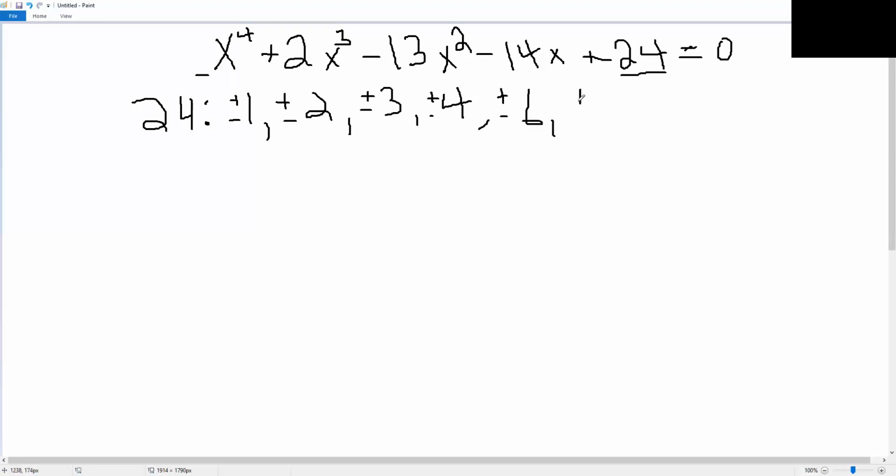And then 8 will go into 24. Now you're asking, how do you know that these numbers will go into 24? Well, there's an easy way to figure it out, and you can do it on your calculator. Just start with 1 and go forward. So 24 divided by 1, we all know that'll go into it. 2, we know 2 will go into it because it's an even number. 3, so 24 divided by 3.